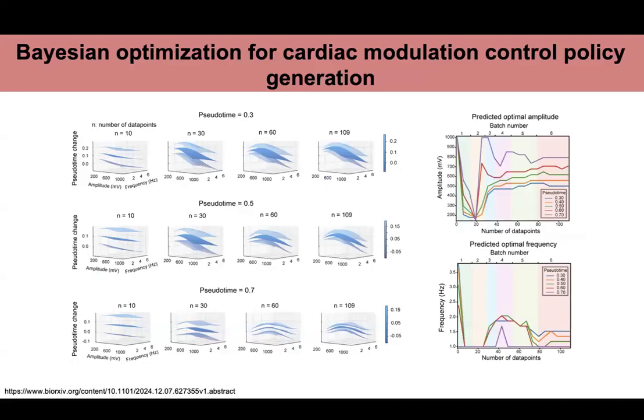Then we built this closed-loop system, using a very simple Bayesian optimization to look at how to optimize two parameters, amplitude and frequency. In the initial testing, we went through multiple batches of samples, each batch containing 3 to 4 organoids with the electronics incorporated.